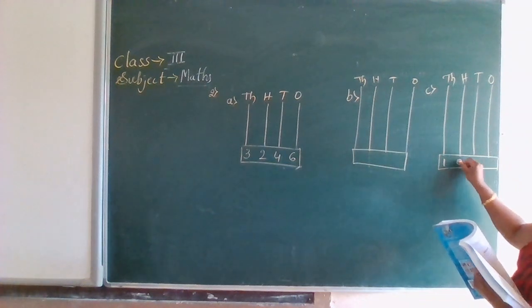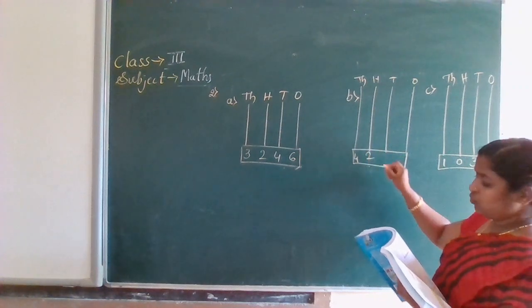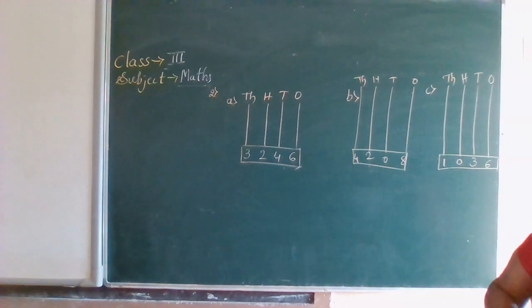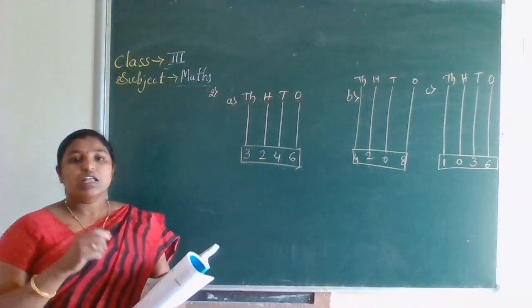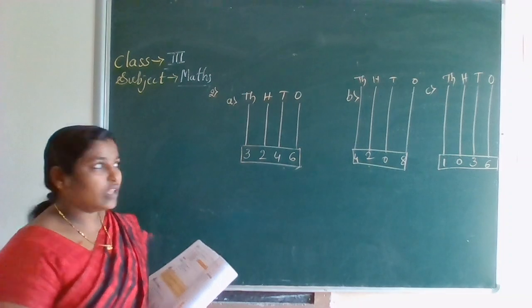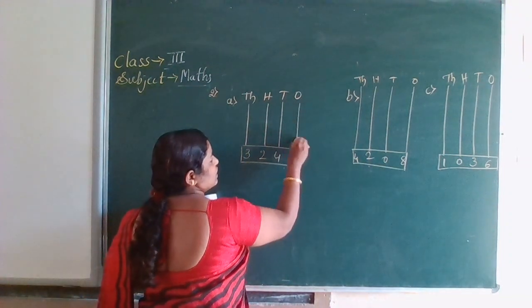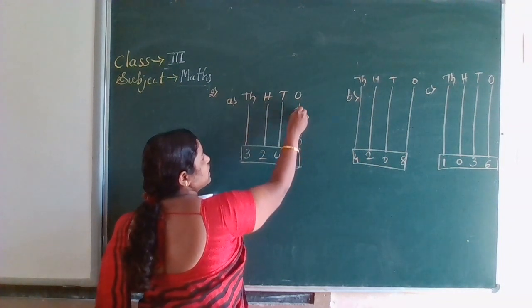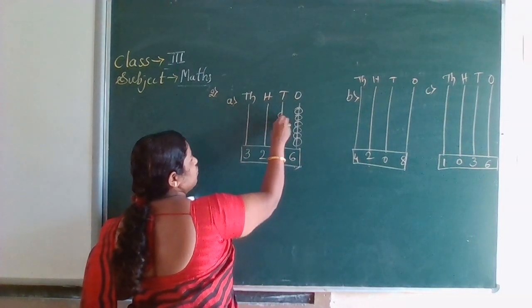So 1, 0, 3, 6, 4, 2, 0, 8. Okay. Represent the given numerals on the abacus, in the sense they have given the numeral now. We have to show on the abacus 6 ones, in the sense 6 units. 1, 2, 3, 4, 5, 6 ones. 4 tens. 1, 2, 3, 4.